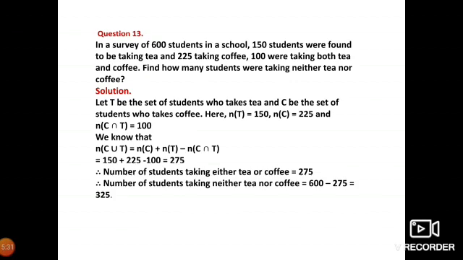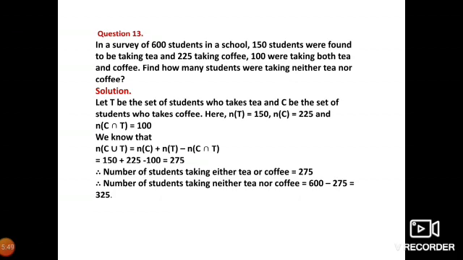Now, in a survey of 600 students in a school, 150 students were found to be taking tea and 225 taking coffee. 100 were taking both tea and coffee. How many students were taking neither tea nor coffee?